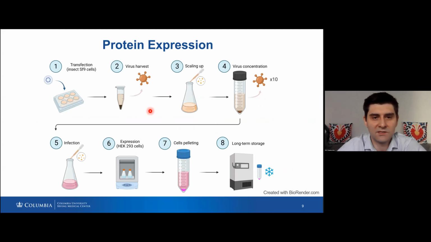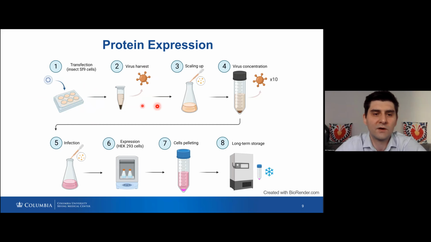And this is just a little bit more detailed version of it. If we start with Sf9 insect cell transfection, we use bacmid and transfect Sf9 cells to produce the low titer of virus, very low concentration.